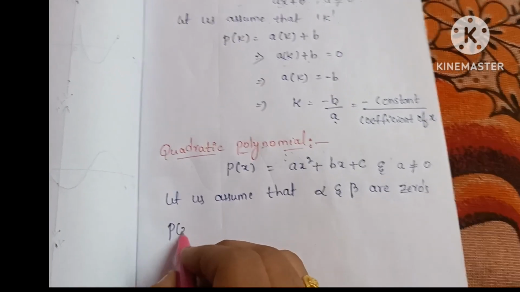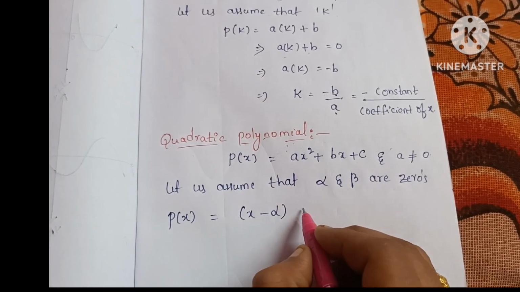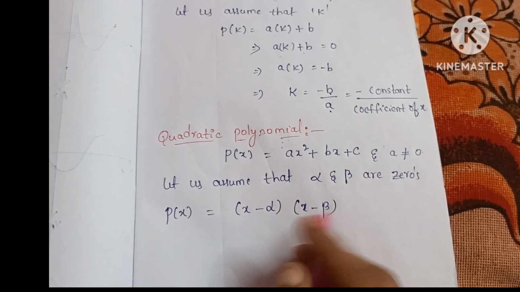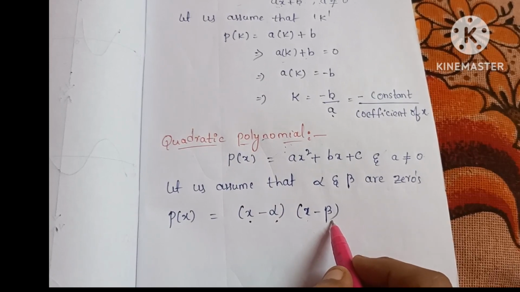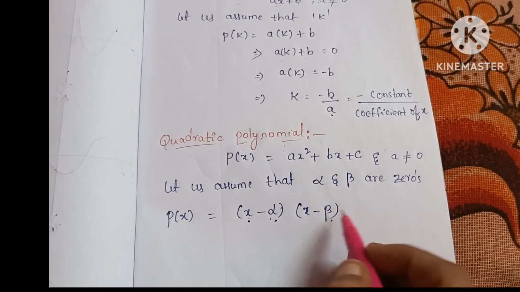Here p of x equals x minus alpha into x minus beta. Here two values, no? So x minus zero, x minus the other zero, which means x minus alpha, x minus beta.